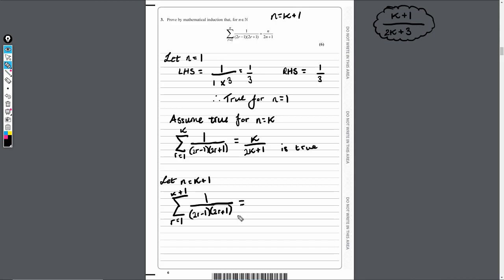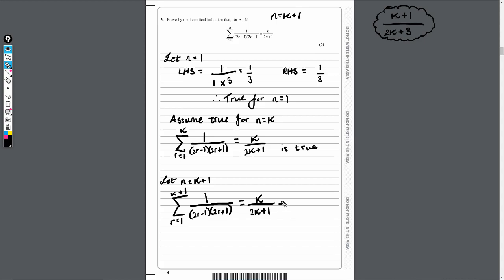So the next term in the sequence after the k. So that'll be this term plus the next one. So if I write this down again, and we already know this is true, right? We've assumed it's true. So 2k plus 1. Well, my next term now will be this expression here, but with k plus 1 being subbed in for my r's. So let's write that down.